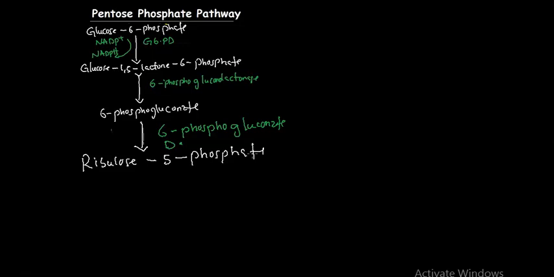But remember, let's put it this way. Throughout this pentose pathway, we are going to have two productions of NADPH. At what stages? Stage number 1, and I think it should be 3.